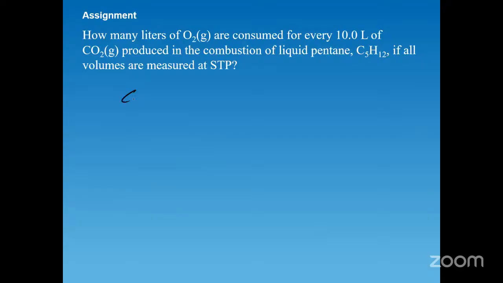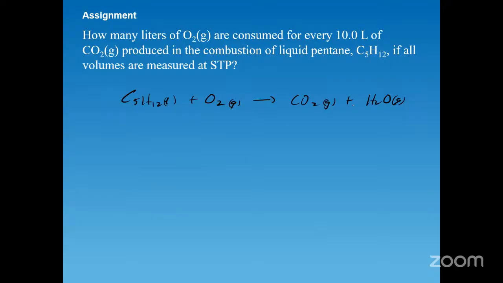Okay, so pentane, which is a liquid, plus oxygen. And what would be the products? CO2, gas, and H2O. And then we need to balance it. So how would we go about balancing this? H2O.